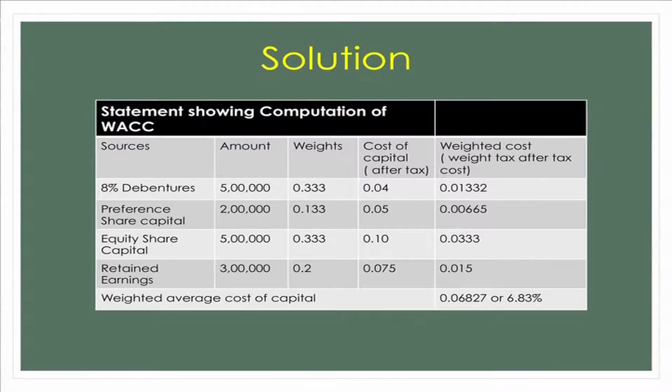Here we have 15 lakh as the total of funds. 5 divided by 15, that is 1/3 or 0.333, is the weight for debentures. 2 lakh divided by 15 lakh gives 0.133 for preference share capital. Equity share capital again 0.333, 5 divided by 15. Retained earnings 3 divided by 15, that is 0.2.